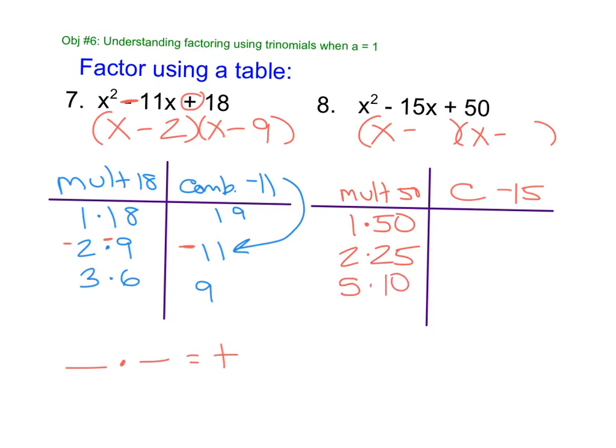And that's it. 50 feels like it should have way more, but it doesn't. So the 5 and 10 give us 15, but remember we need them both to be negative. A negative times a negative is a positive. A negative plus a negative is a negative. So it's x minus 5, x minus 10.